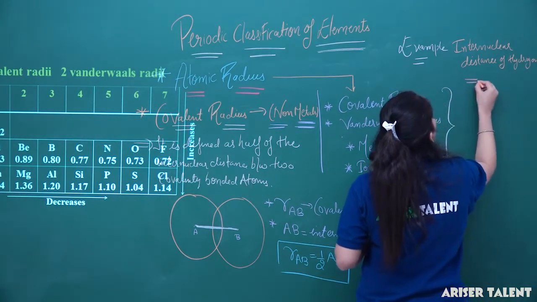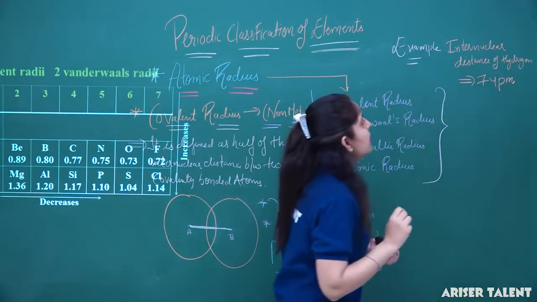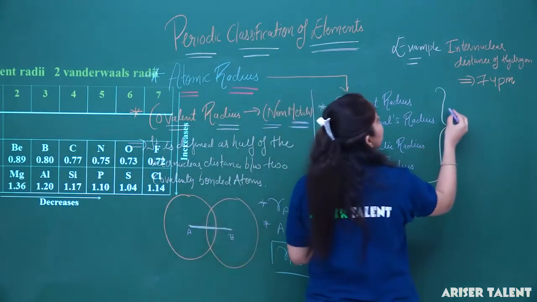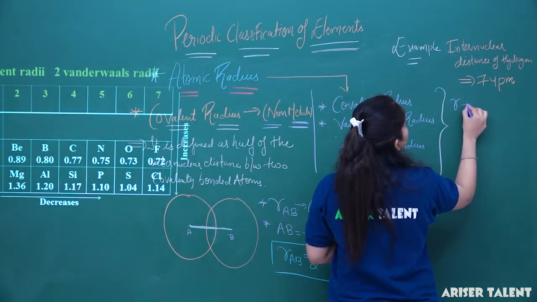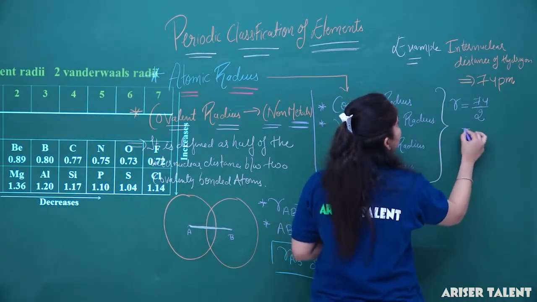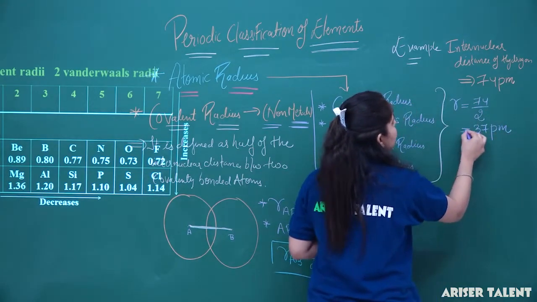If the internuclear distance in case of hydrogen is 74 picometer, then we can say that the covalent radius will be given by 74 by 2, that is half of the internuclear distance, and it came out to be 37 picometer.